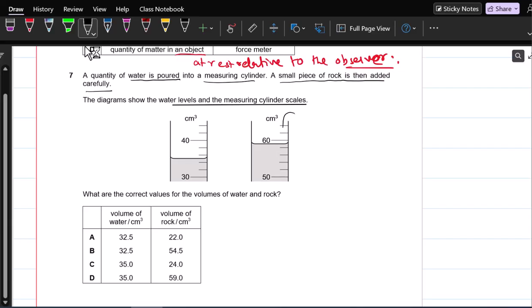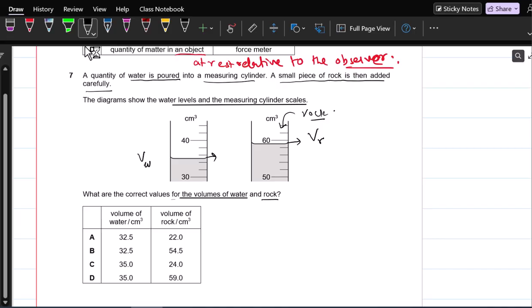In this measuring cylinder, a piece of rock was added, and this is the new volume. This is the volume of water. I name this as volume of water VW and volume of rock as VR. So what are the correct values for the volumes of water and rock?